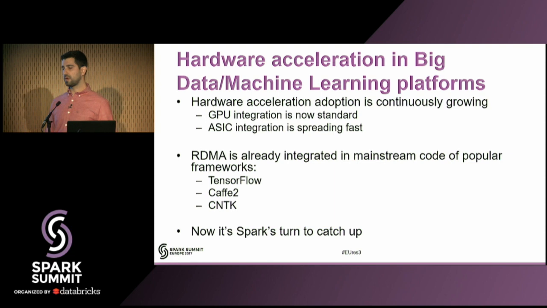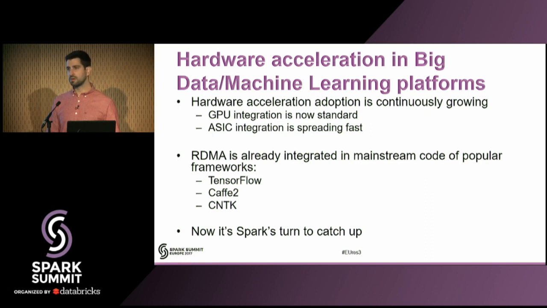A few words about hardware acceleration in big data and machine learning platforms. Hardware acceleration adoption is growing very fast. GPU integration is almost anywhere now. Every framework you can think about has support for GPU acceleration. ASIC is picking up speed very quickly as well.